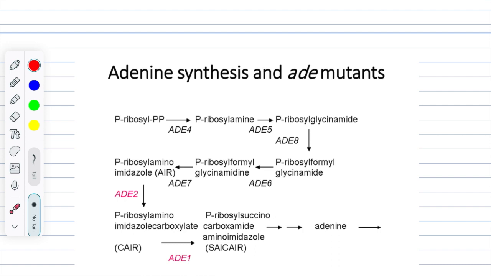If it is blocking the pathway when we cross our unknown with one of the ADE strains, then we're going to have accumulation of this AIR, which is why the outcome on the agar plate will turn red, because that is accumulating in all the vacuoles.